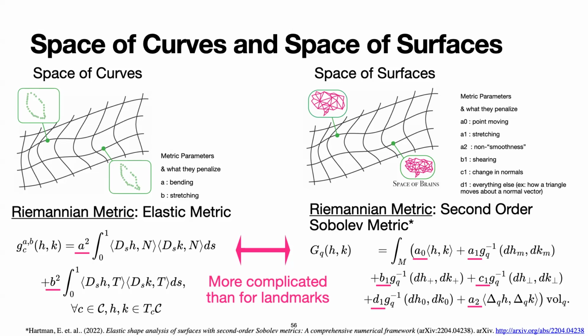So A0 penalizes how much the vertices are moved around. A1 penalizes stretching, A2 penalizes non-smoothness, B1 penalizes shearing, C1 penalizes changes in normals, and D1 is everything else, i.e. like how a triangle moves about a normal vector, stuff like that.